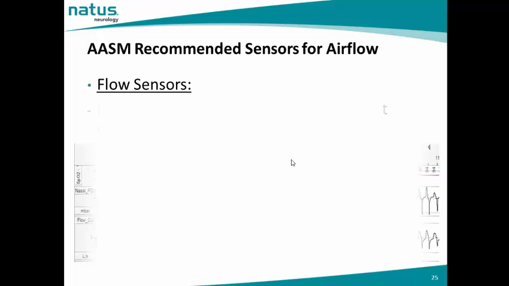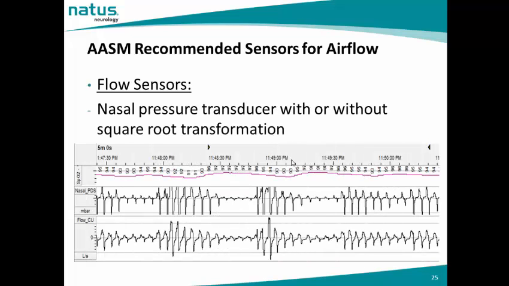The nasal signal is sensitive to even subtle changes in airflow. Therefore, it's more useful in evaluating flow limitations and upper airway resistance syndromes. Nasal pressure monitoring provides a signal that is proportional to the square of the flow.